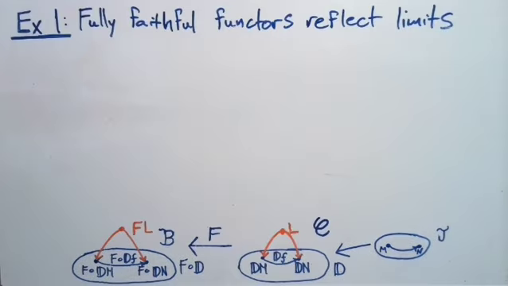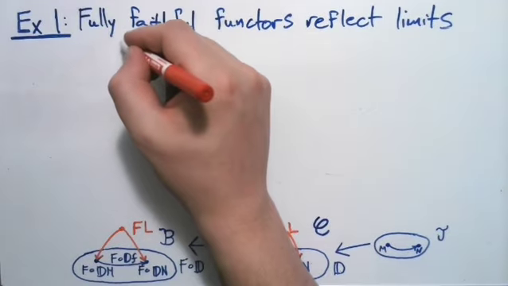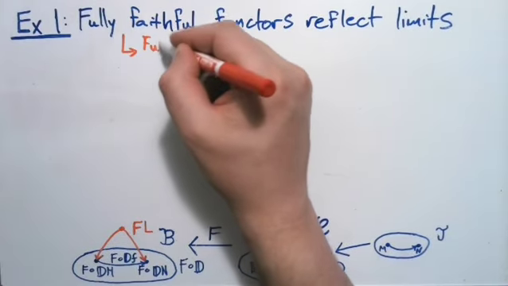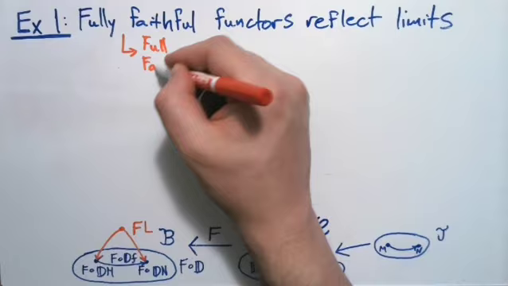Our first example says that fully faithful functors reflect limits. So go ahead and pause the video if you want to try that. Or if you need a reminder, a fully faithful functor is a functor that is both full and faithful.